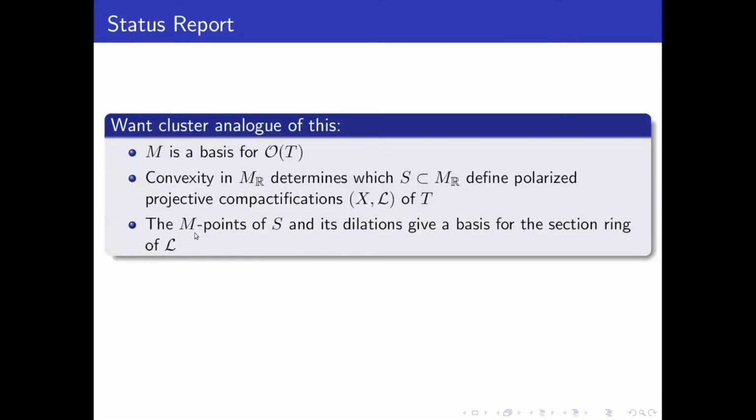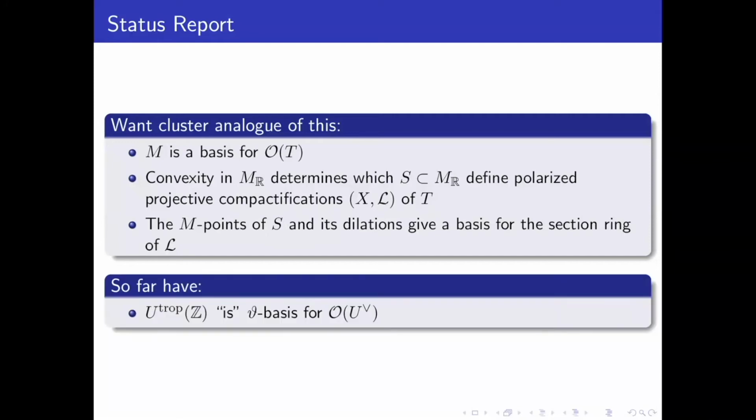And the lattice points in S and its dilations give us a section ring of this line bundle L. So that's what we're trying to build a cluster analog of.